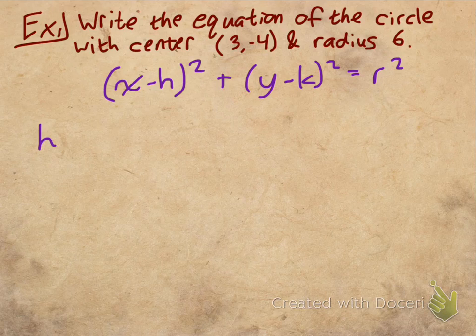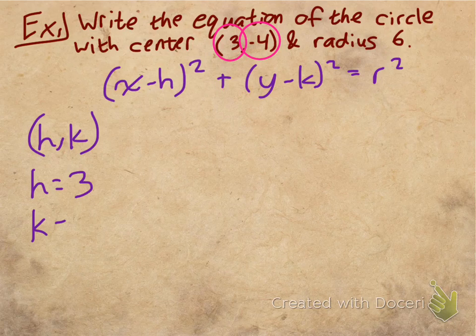The center is (h, k), so in this case, h is the x value of my center, which is 3, and k is the y value of my center, which is -4. So I'm going to plug those in.